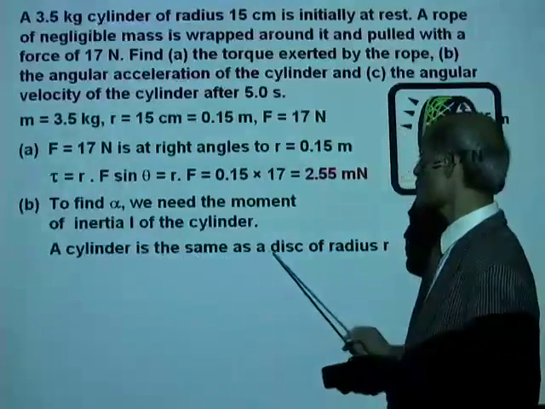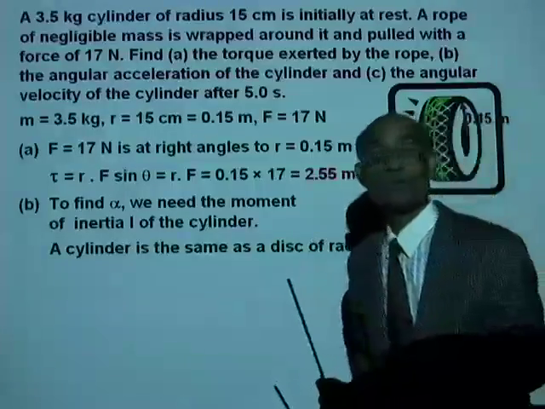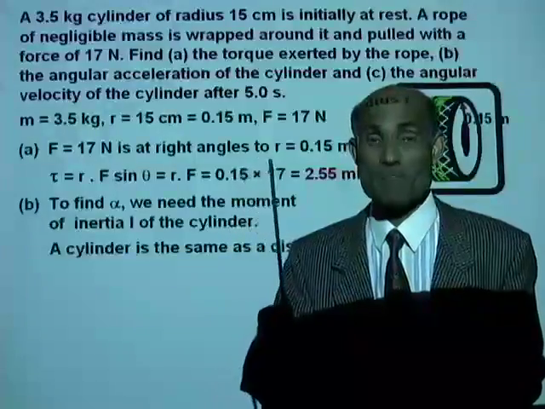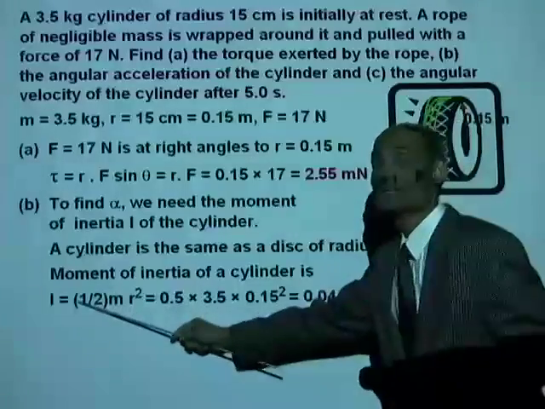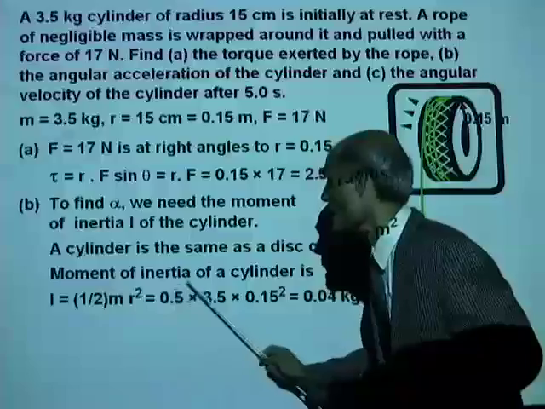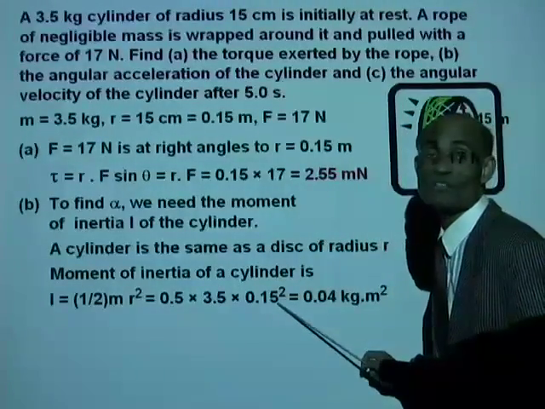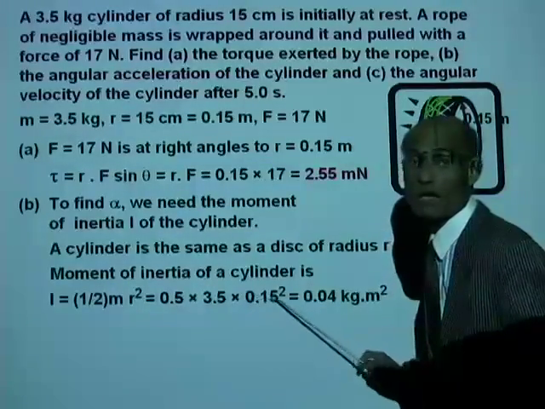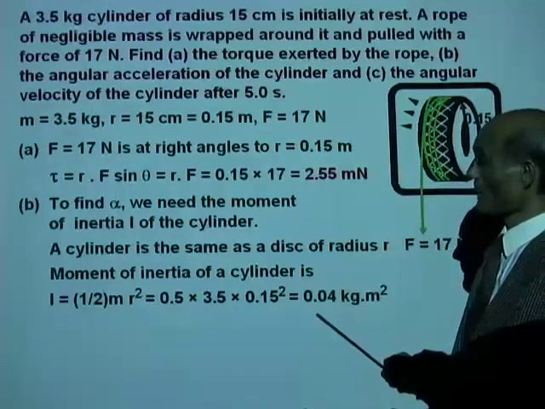A cylinder is the same as the disk of radius r. What is the equation for the moment of inertia of a disk? I equal to 1/2 mr squared. Mass of the disk is 3.5 kilogram and the radius is 0.15. So 1/2 mr squared is 0.04 kilogram meter squared.